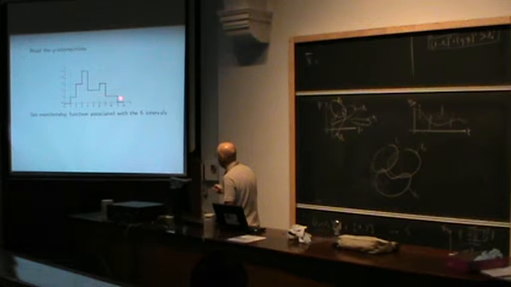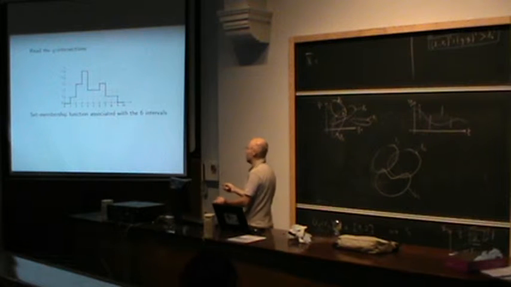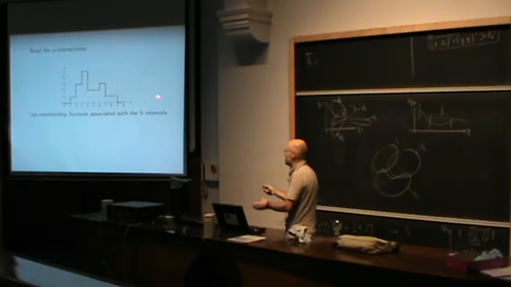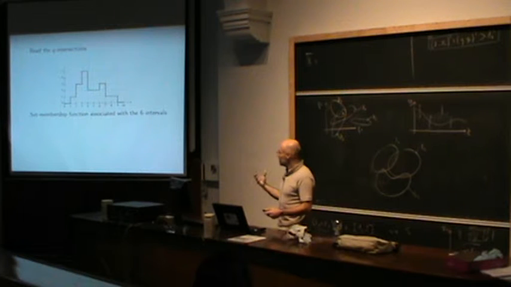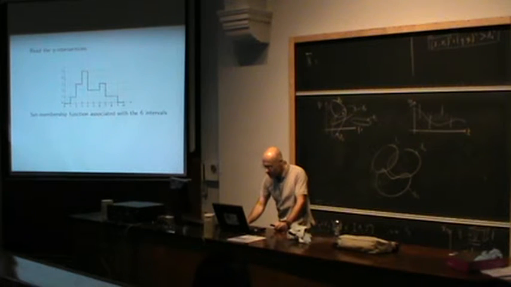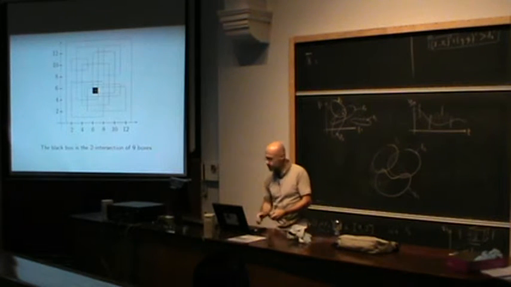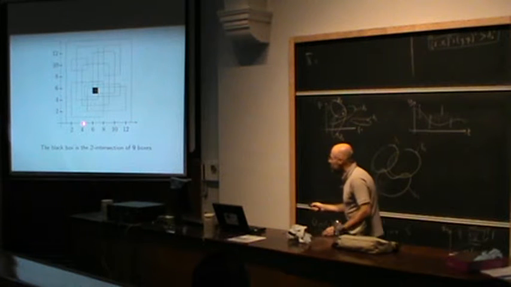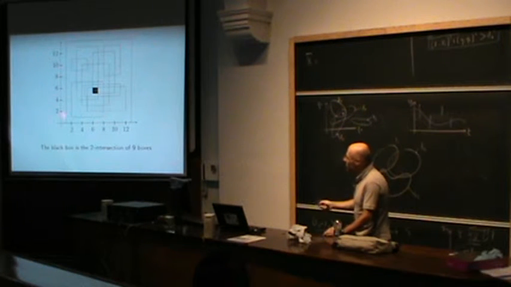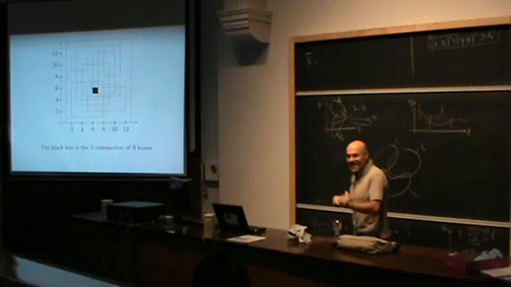Here with 1 interval, and with 0 intervals. So what I wanted to tell you is that computing the relaxed intersection of n intervals or n boxes is easy.